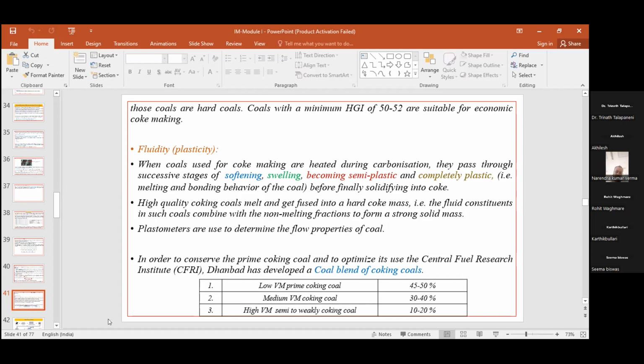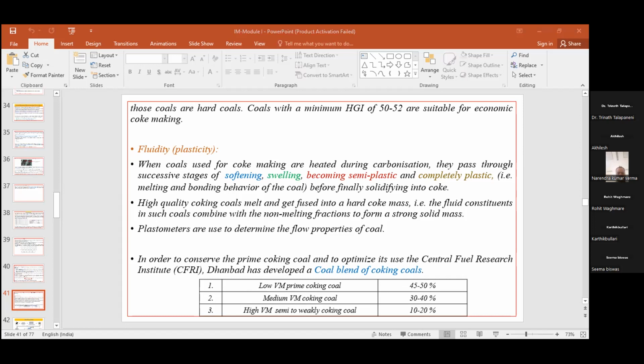That is, we can use low VM prime coking coals around 45 to 50%, medium VM coking coals around 30 to 40%, and high VM semi, or you can say weakly coking coals around 10 to 20%.